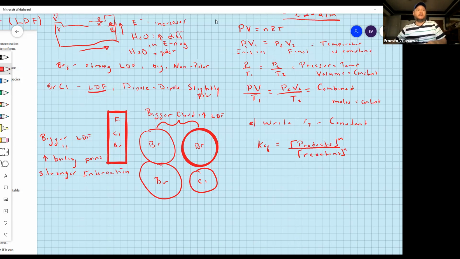Here is our reaction, okay? It is 2 moles of bromine monochloride. This is in gas form, okay? Is in equilibrium to produce bromine, right, which is a gas, plus 1 mole of chlorine 2, which is also a gas.